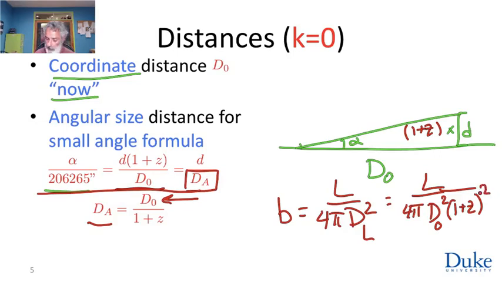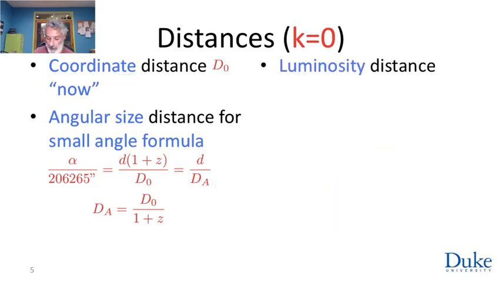That gives me a total of 2 factors of 1 plus z. And again, this is something you can do in a slightly more rigorous way by a relativistic calculation. But this is exactly the logic that applies, so that the luminosity distance is given by the distance that you put in the denominator that relates brightness to luminosity. It has 2 factors of 1 plus z in it.